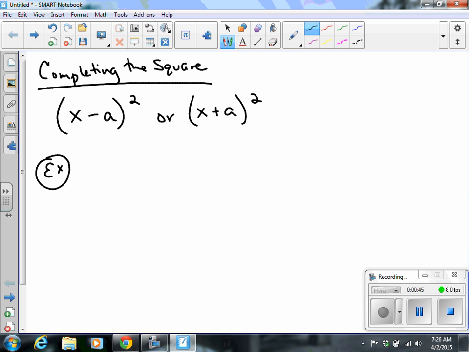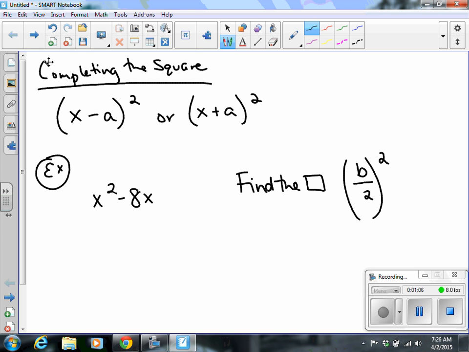So for instance, let's say that I have x squared minus 8x, and I'm asked to complete the square or to find the square. Well, in order to find the square, we have (b over 2) squared. Okay, so what does that mean exactly? Well, remember how a quadratic is in the form ax squared plus or minus bx plus or minus c.